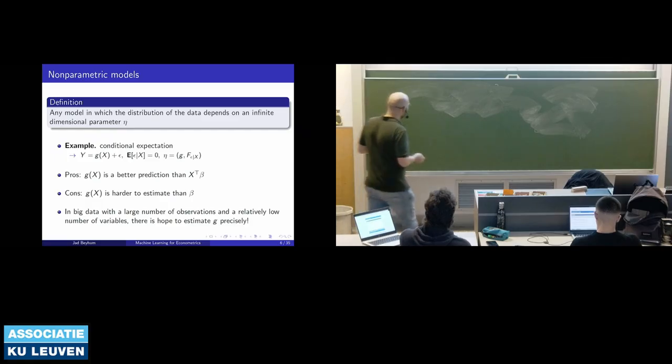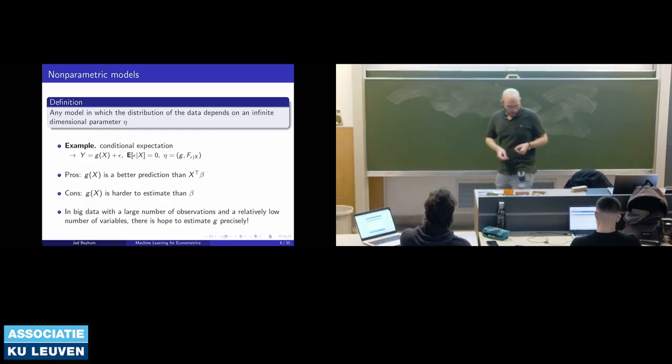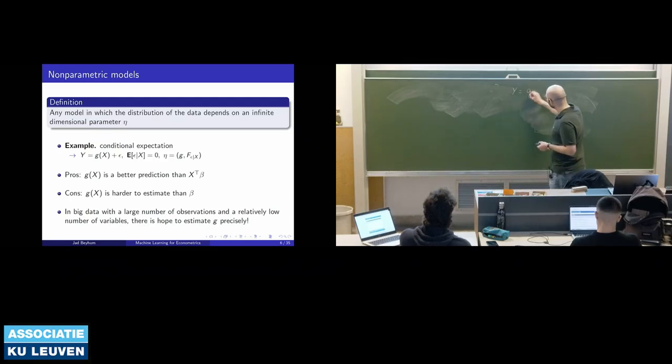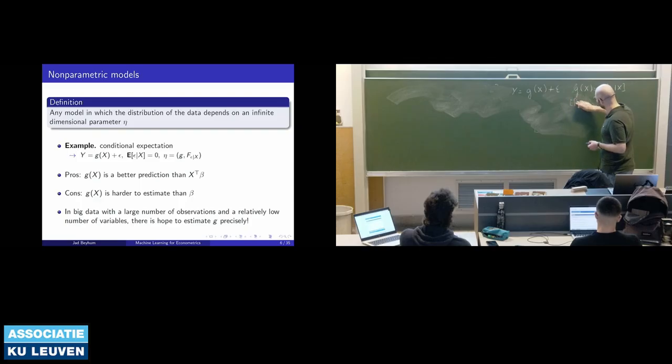So for any random variable y, you can always write y is equal to g(x) plus epsilon, where g(x) is the conditional expectation of y given x, and epsilon has mean 0 conditional on x.